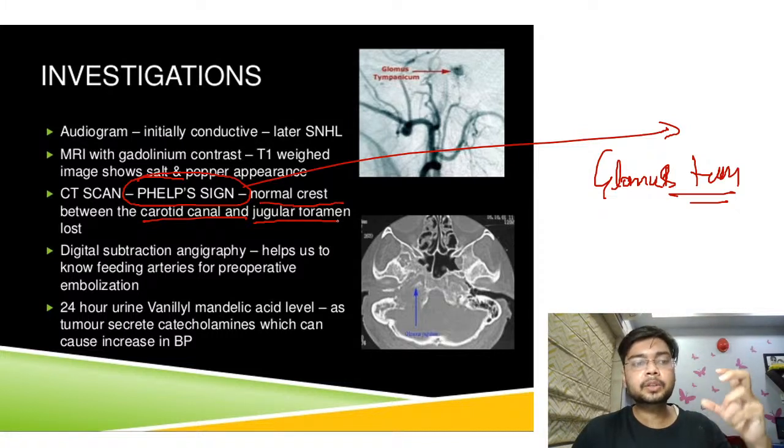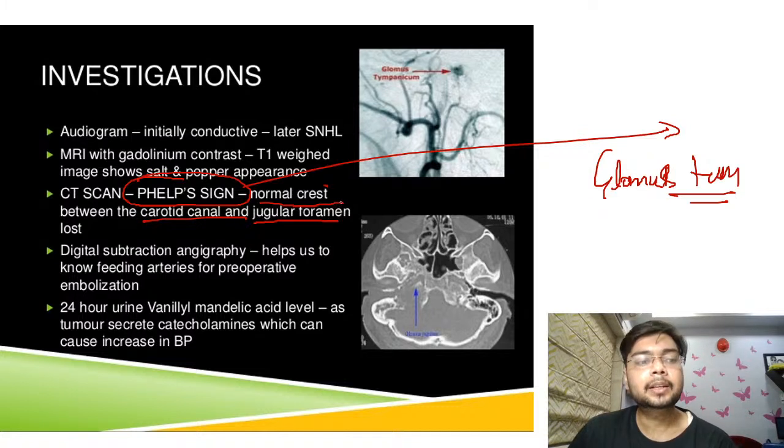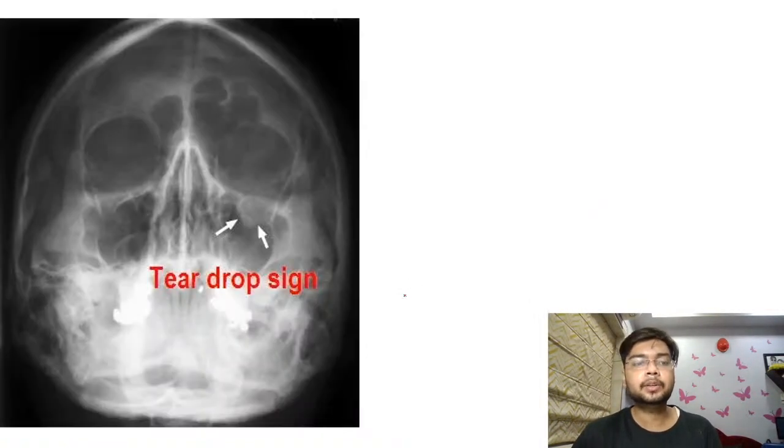These tumors, due to pressure and their eroding properties, erode the normal crest present between the carotid canal and the jugular foramen, and we can delineate that on the CT scan, that this is a case of glomus tumor or glomus jugulare.